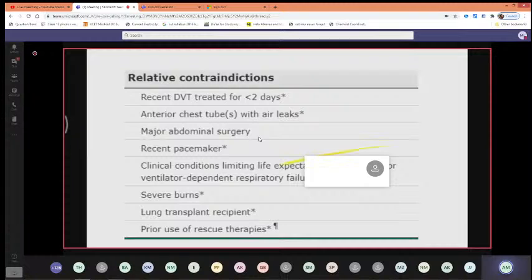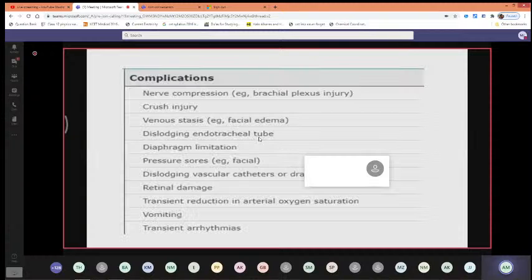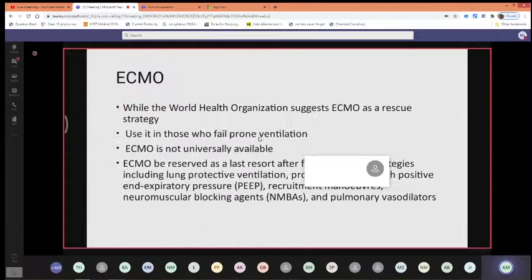So we'll skip this. Now coming to ECMO. There's a lot of hue and cry about extracorporeal membrane oxygenation. Even WHO has suggested ECMO as a rescue therapy. You have patients with severe ARDS who are not improving on the ventilator, who are not improving on prone ventilation, and you want to do something additional.